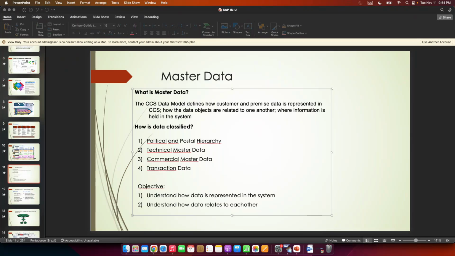And the next is called technical master data, which we also call service address details.